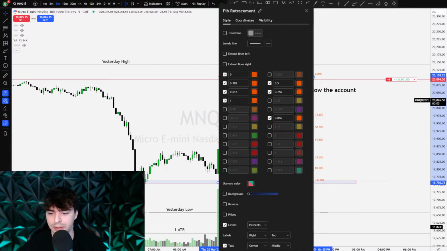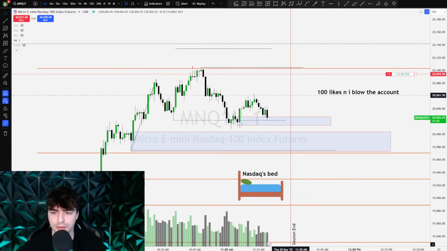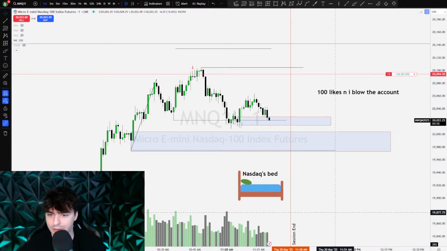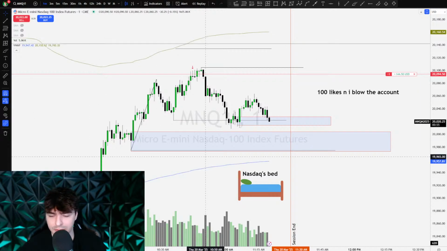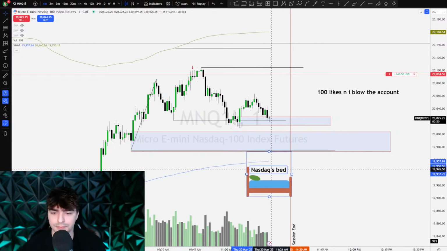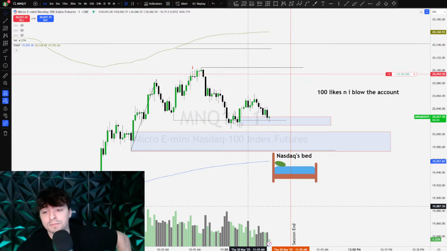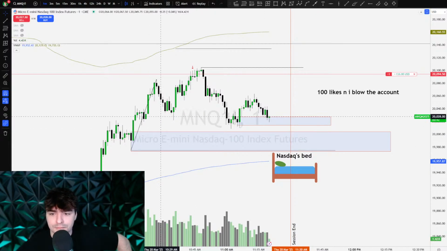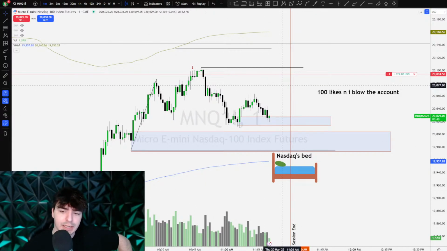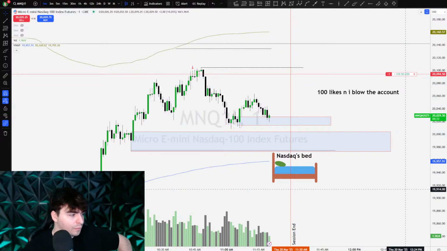We are getting a bit of a push down now. Well, let's make it count. Need to clean up my chart a little bit. Get VWAP back in. NASDAQ's bad. Come on. Patiently waiting.